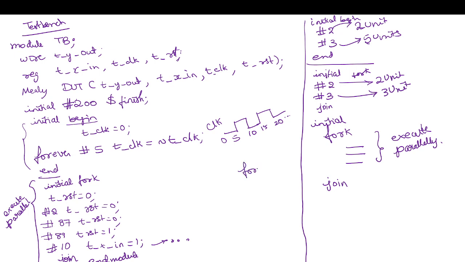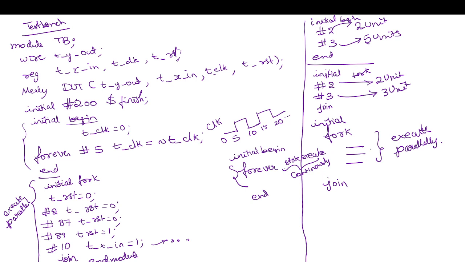Whenever you are using a forever, it is like while (1); it will be continuously executed. It should be inside the initial block. The statement which you want to execute continuously goes inside, and this is the syntax of forever. In the same way, fork and join is to execute these statements in parallel.